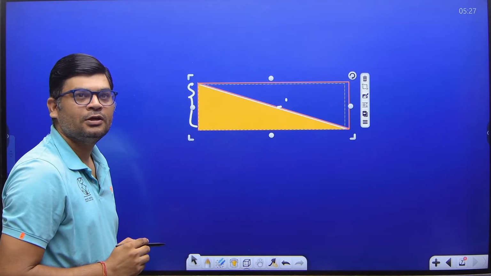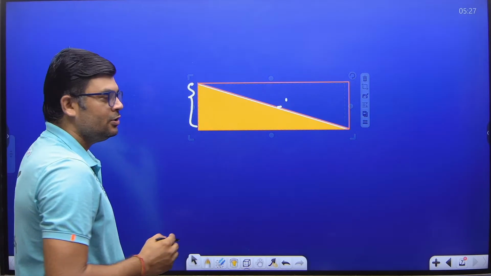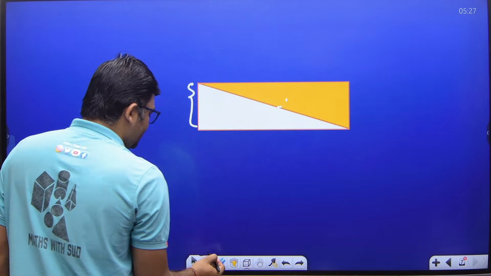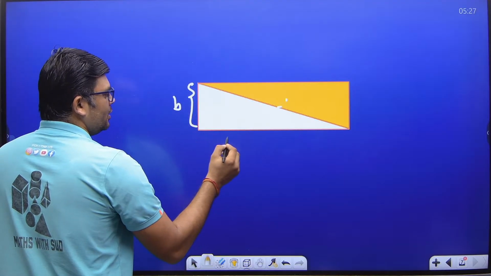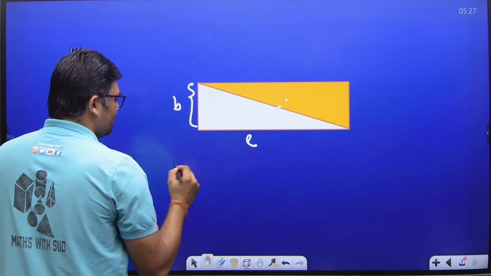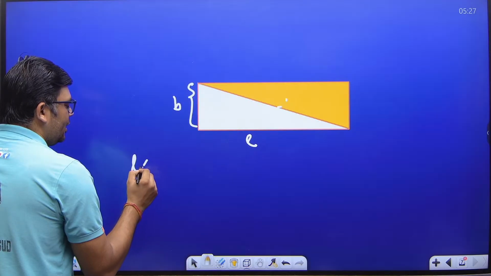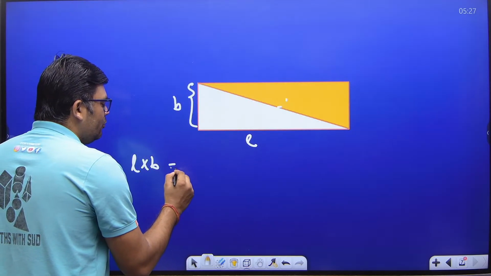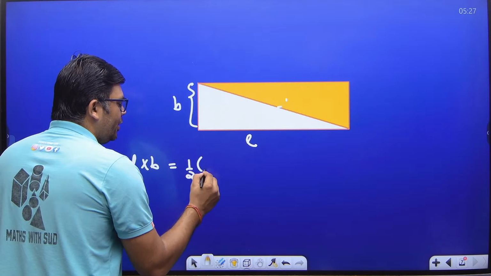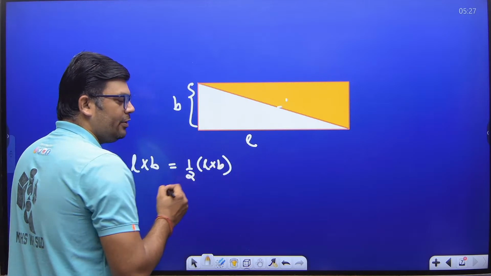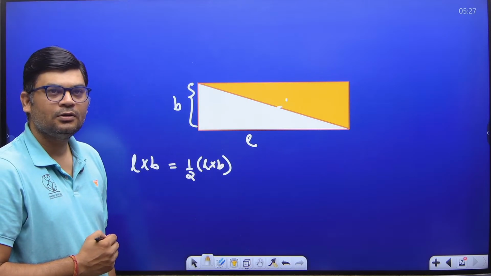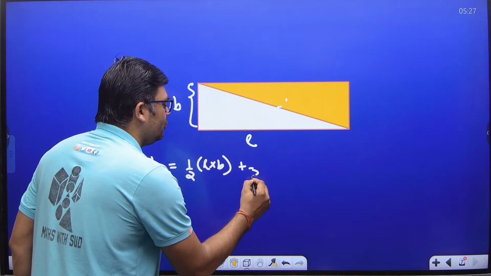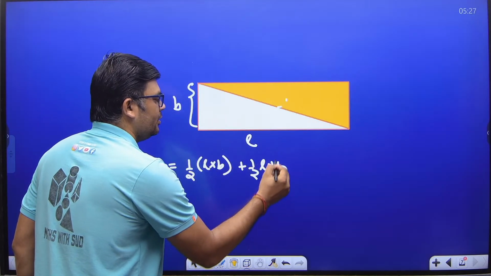So the area which was earlier, suppose this is B and this is L, L into B is now divided into two parts. So half into L into B is this part and half into L into B will be this part.